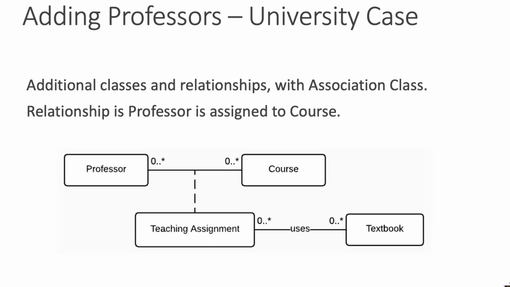So again, many to many. In that case, we have the association class, teaching assignment. The teaching assignment records, for example, who is teaching the course, and whether it uses a textbook or not. So again, you see, we can add as much detail as we find through all the interviews we are doing in the business.